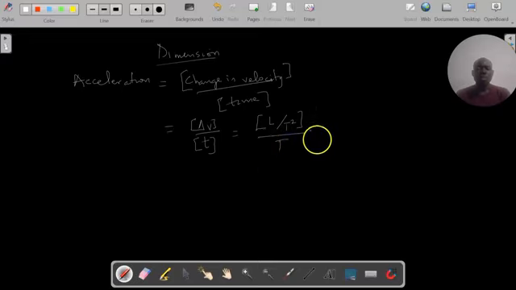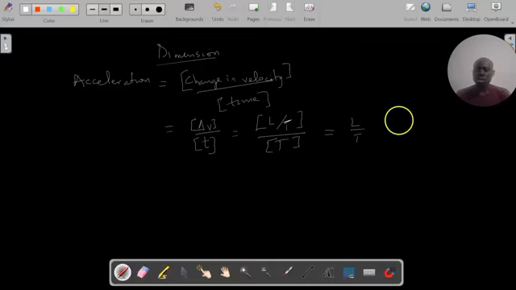Time is T. So I have L over T, multiplied by 1 over T, because when you change division to multiplication, you invert the time.